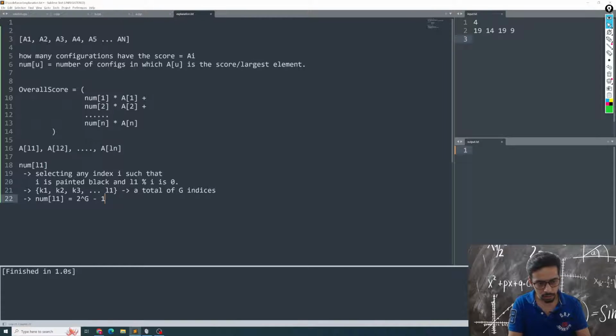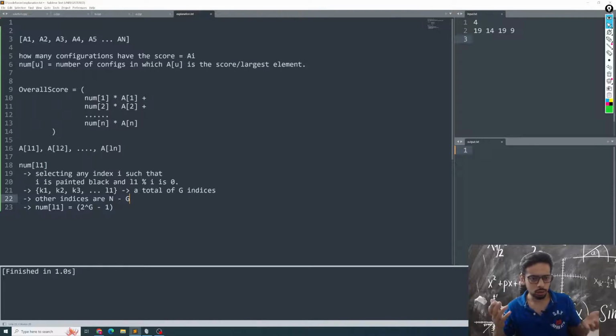Also, actually num of L1 would be 2 to the power G minus 1. Select at least one of these, and for the remaining indices, there are other n minus G indices also.